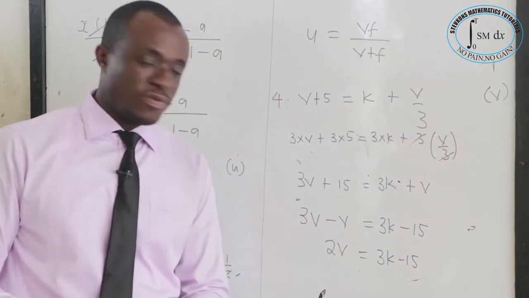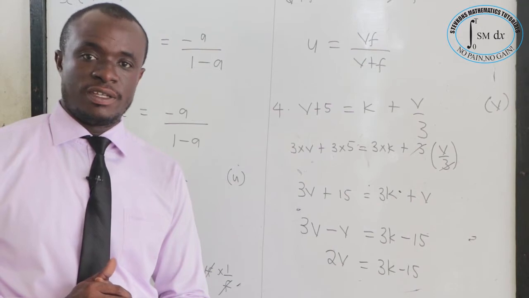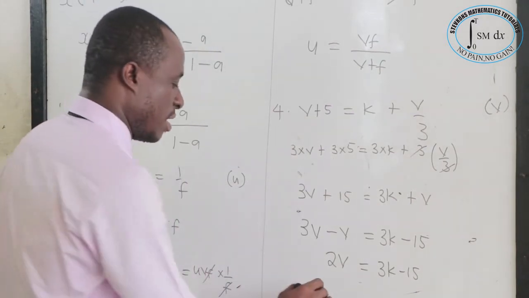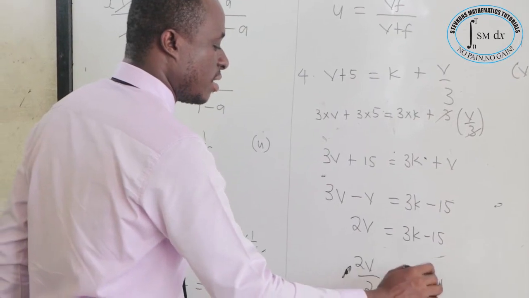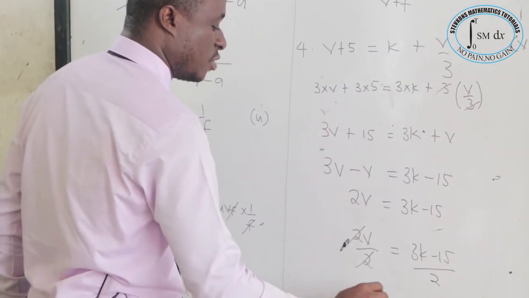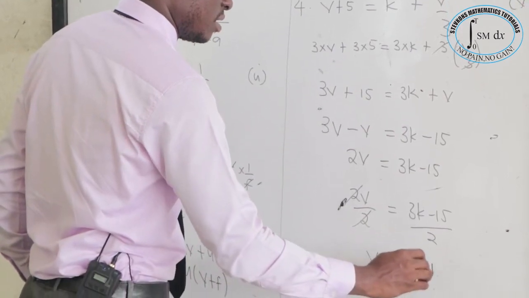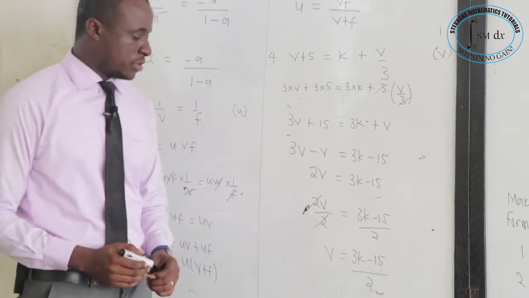I want to make v the subject, so I have to divide both sides by what is multiplying the v, which is 2. So I have 2v over 2, 3k minus 15 all over 2. This cancelling out, so I have my v to be equal to 3k minus 15 all over 2.